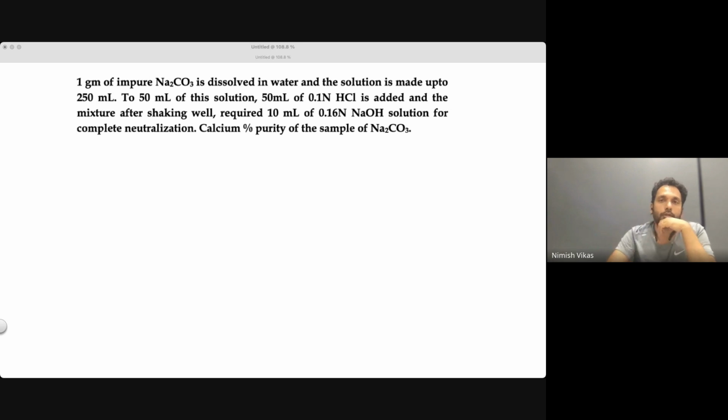Okay, others should be doing the question. So first thing is planning what is happening. Okay, if you are able to figure out what is happening, I think 50% of the question is solved. The math part is very easy.